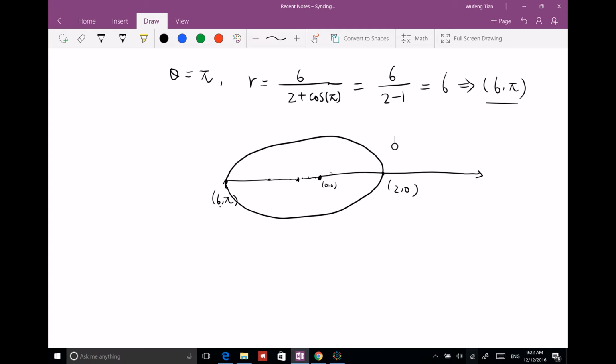So next one, we check the next example. r equals 5, negative 1 plus 2 cosine theta. We can try this one.